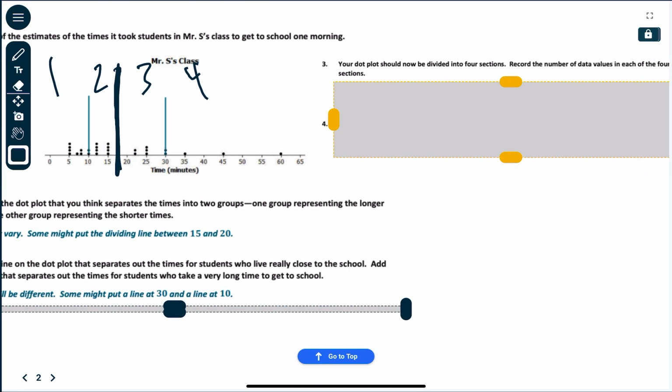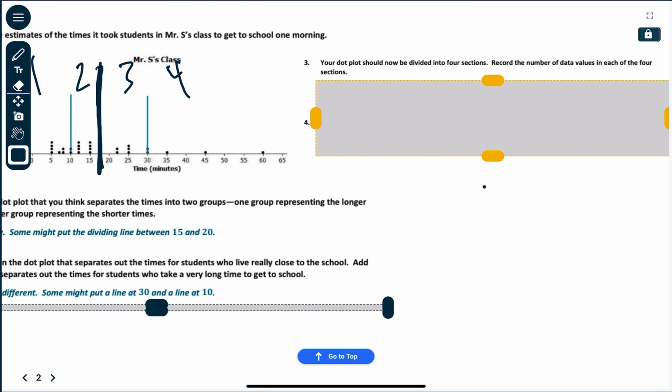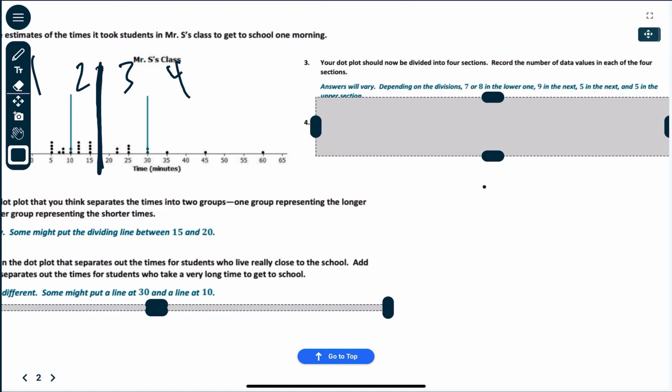Now it says record the number of data values in each of the 4 sections. So we would count how many there are in each section. Depending on the division, it is 7 or 8 in the lower one. Okay? And then 9 in the next, and 5 in the upper section.